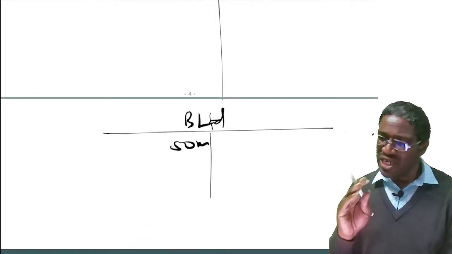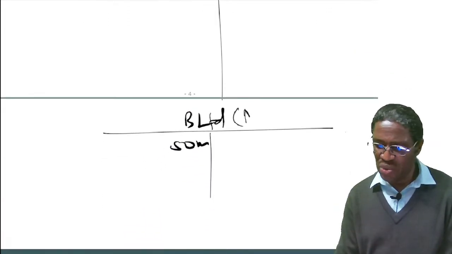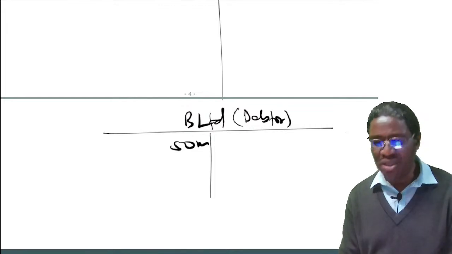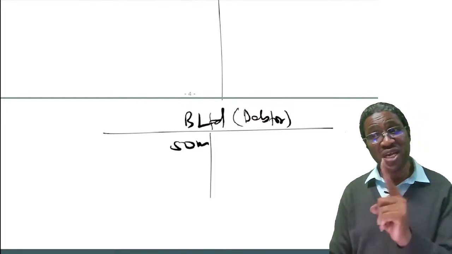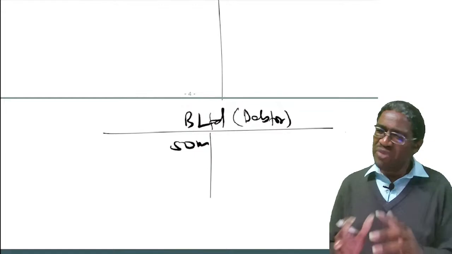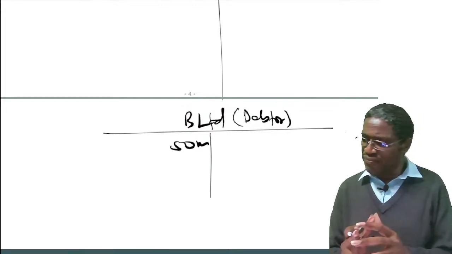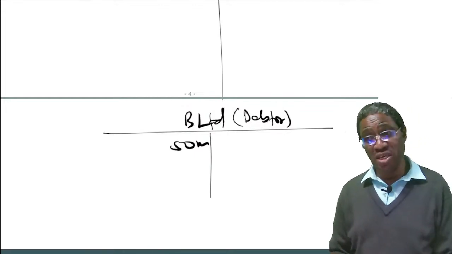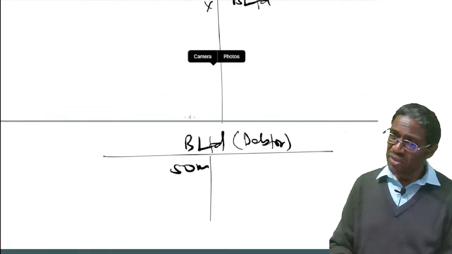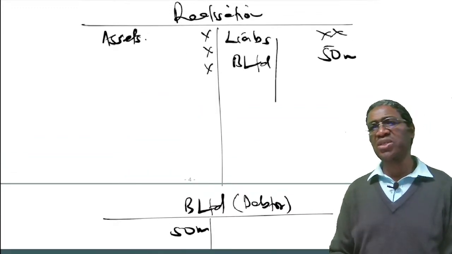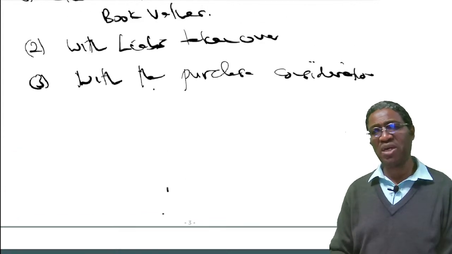Listen, by debiting this purchasing company, we are creating a debtor. They are not paying me now, they will pay me later. But for now, let me create a debtor by the name of company B. So I debit the purchasing company, I credit realization. That's our step number three.